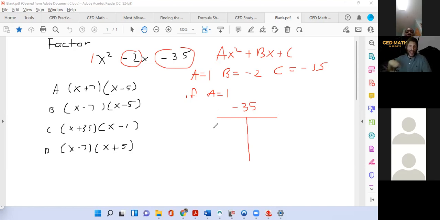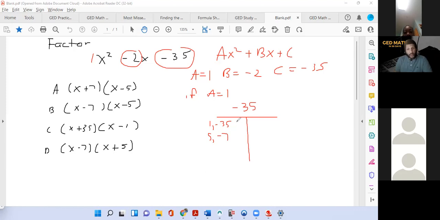So you want to start at 1 always. Then you go up. If you know your multiplication tables, you know 2 doesn't go in 35, 3 doesn't, 4 doesn't, 5 can go in the 35. So 5 times what will give you negative 35? Negative 7, correct. So 5 times negative 7 will give you negative 35.